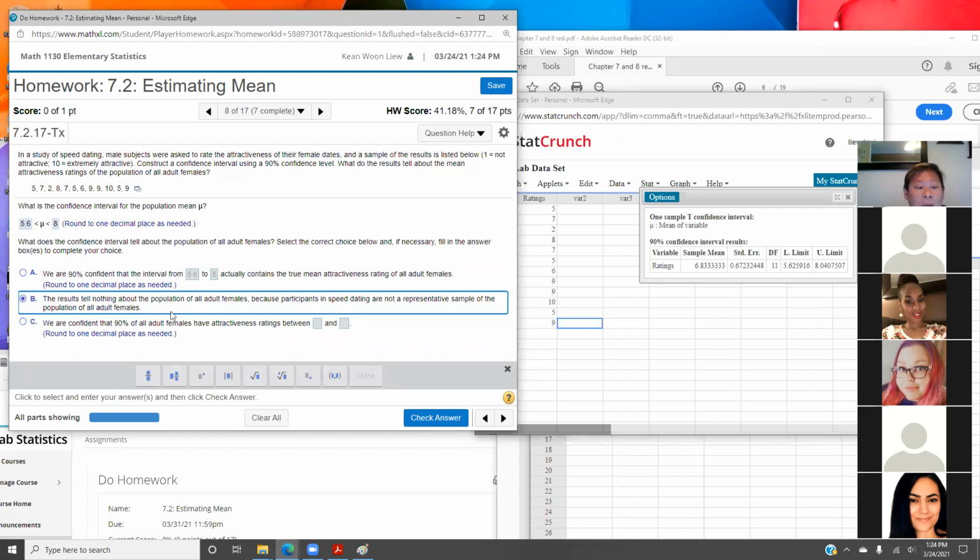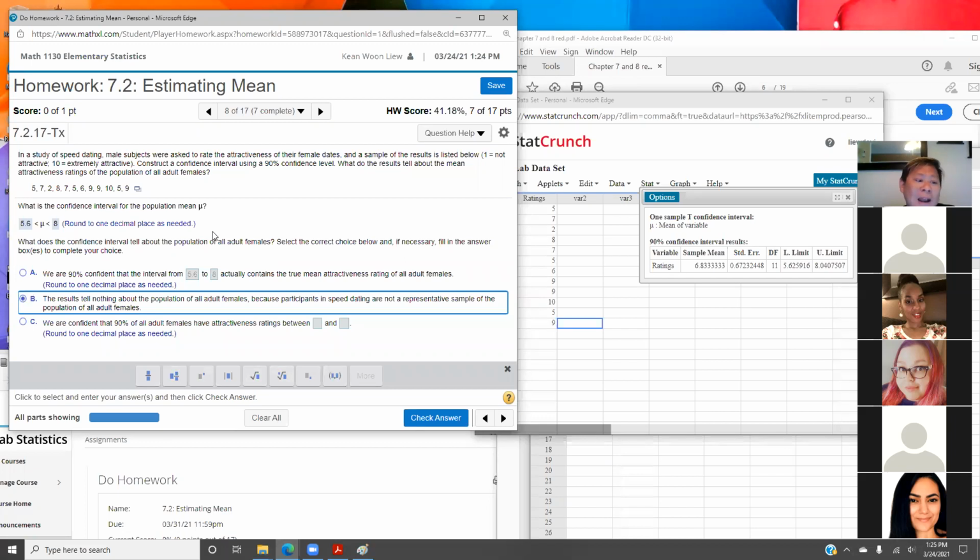Does anyone know why, based on this, it's not representing the population of all adults, males, females? You know why we're using B here? Yeah, because it's just someone's opinion. You are correct. This is just someone's opinion, and the other thing is your sample is very small.